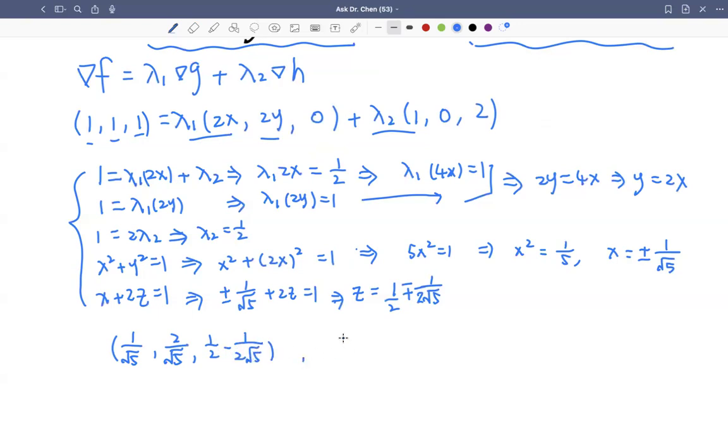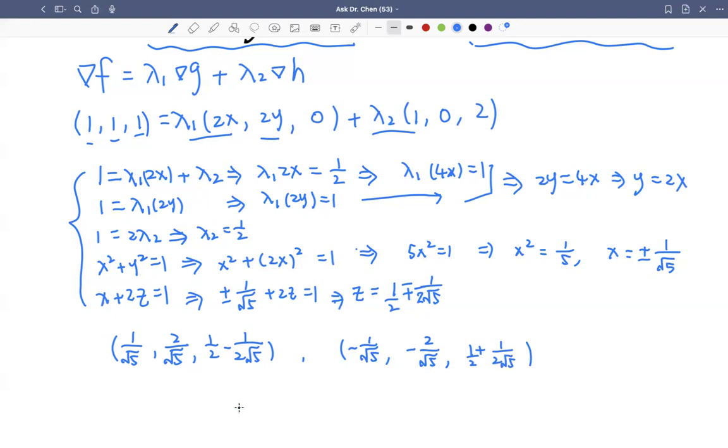So this is one critical point. Another critical point is x equal to negative 1 over square root of 5, y equal to negative 2 over square root of 5, and the z value is a half plus 1 over 2 radical 5. So we get these 2 critical points.